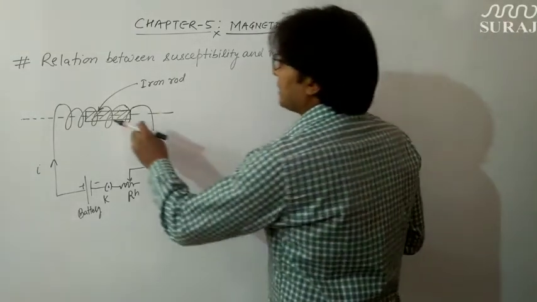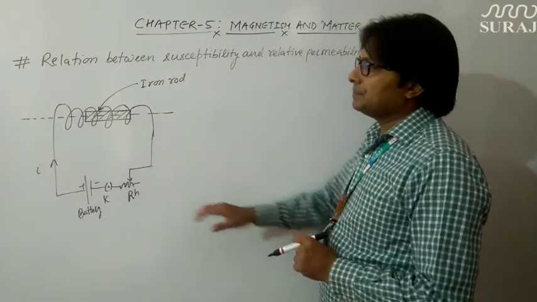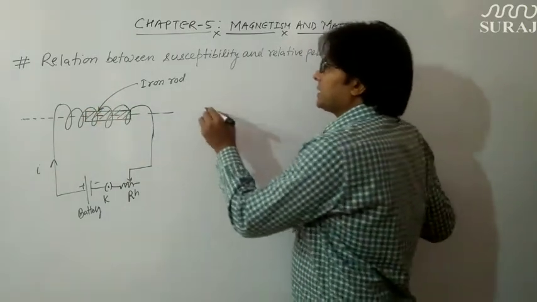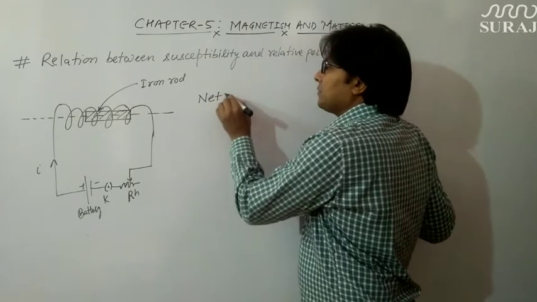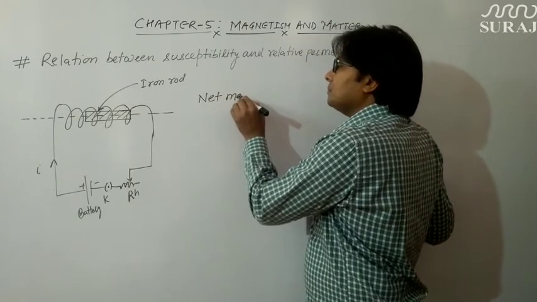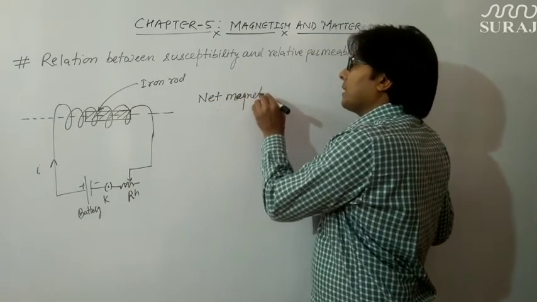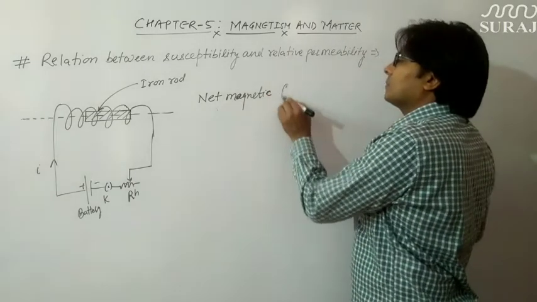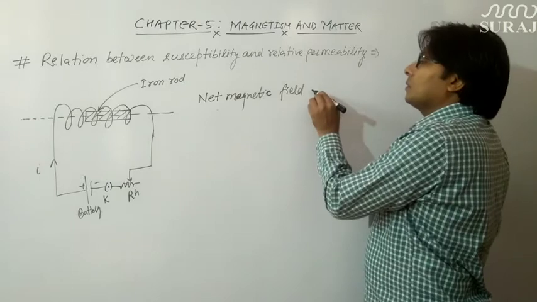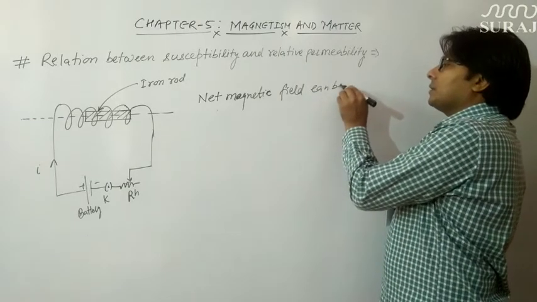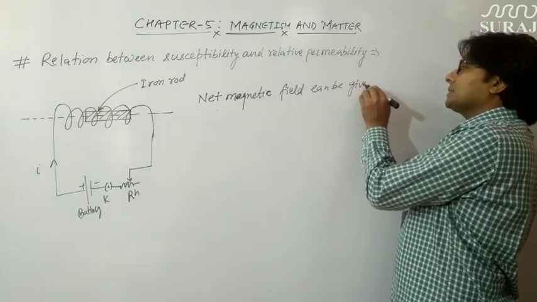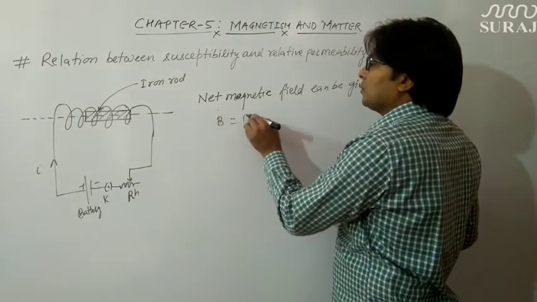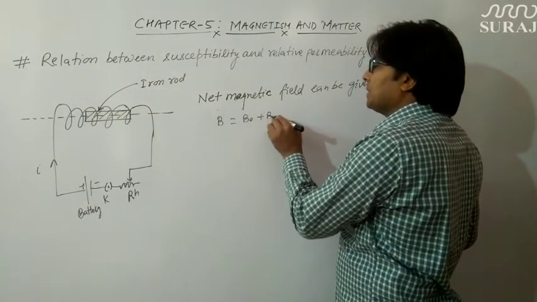So the net magnetic field inside this solenoid can be given as B is equal to B0 plus Bm.